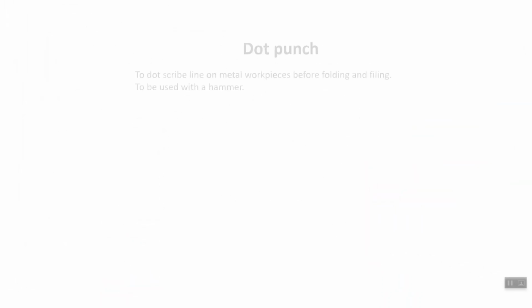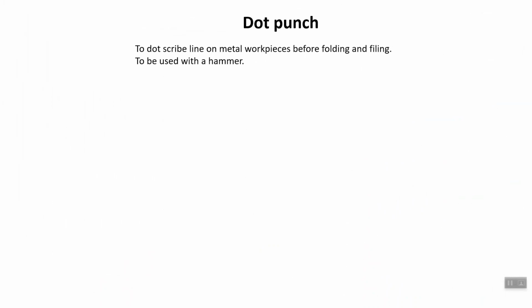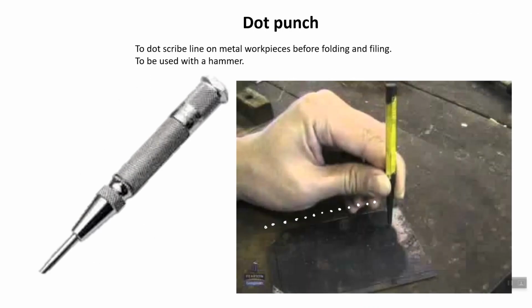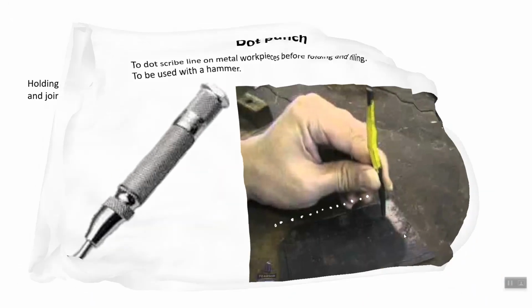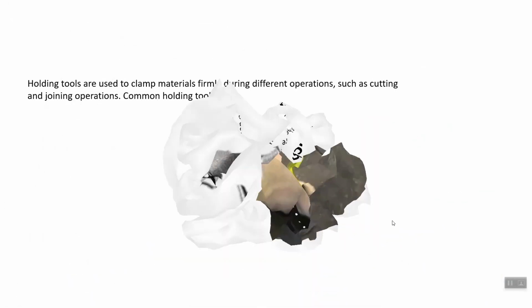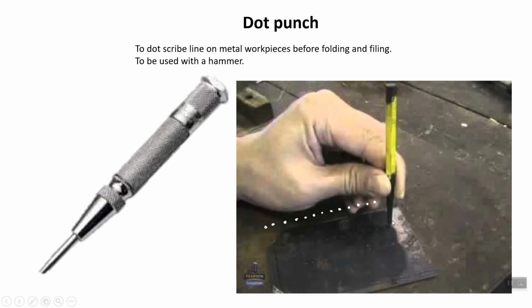There is another tool which resembles a center punch, but it is called a dot punch. The dot punch scribes lines on metal workpieces before folding. When you have a sheet of metal you want to fold, the dot punch is used to make small holes.